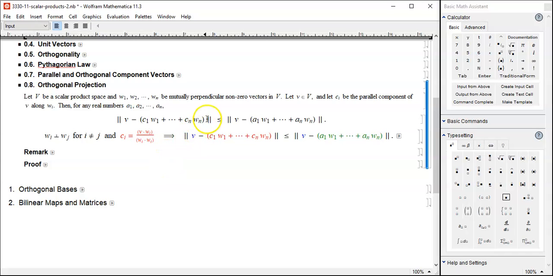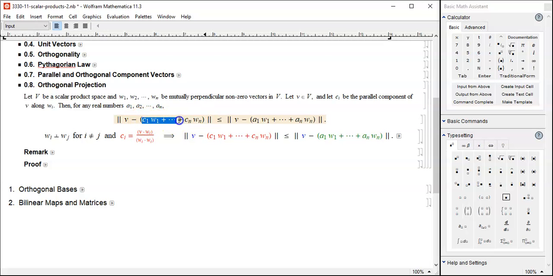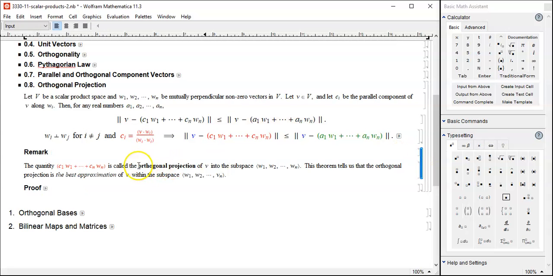So we get w1, w2, w3, w4 all the way over to wn, and they are mutually perpendicular non-zero vectors. Then we're going to get c1 w1 plus c2 w2 plus c3 w3 all the way over to cn wn added up together. And this vector is called the orthogonal projection.